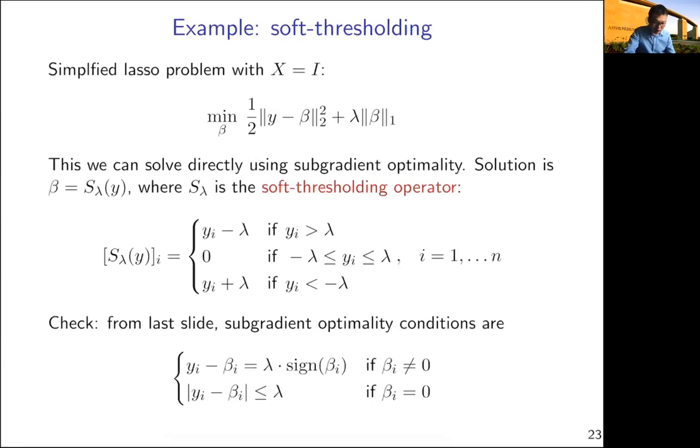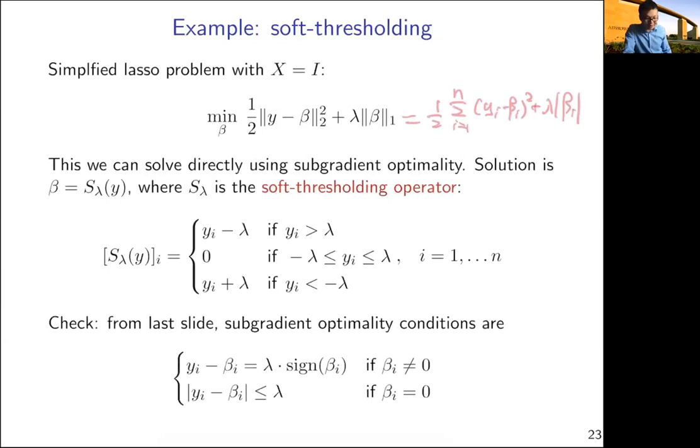So when we specialize the lasso problem to the case when the design matrix X is identity, we get the simpler optimization problem that decomposes to each coordinate. Notice that this can be rewritten as a sum over i from 1 to n of (y_i minus beta_i) squared plus lambda times the absolute value of beta_i.